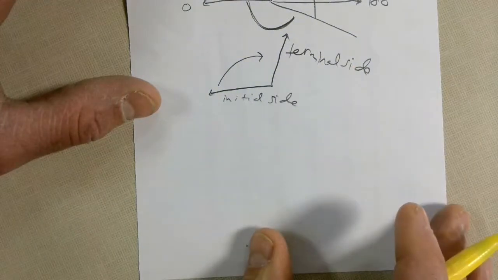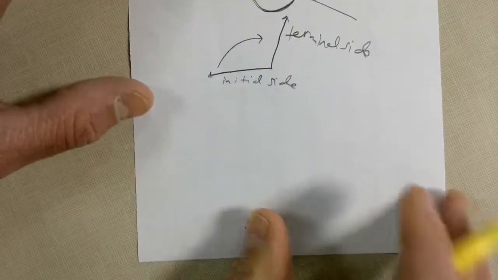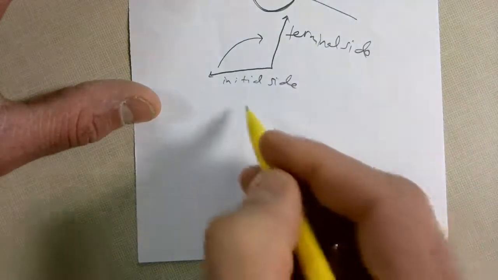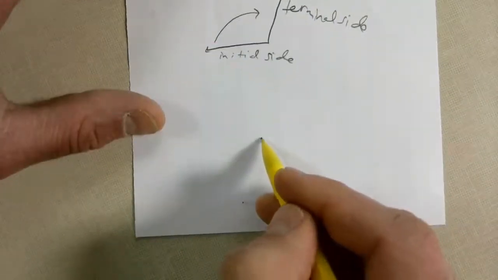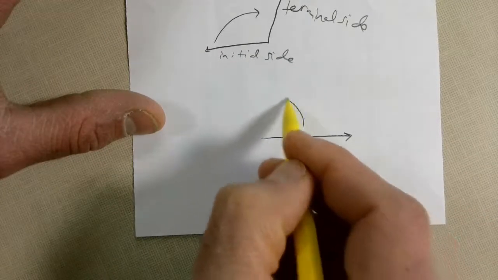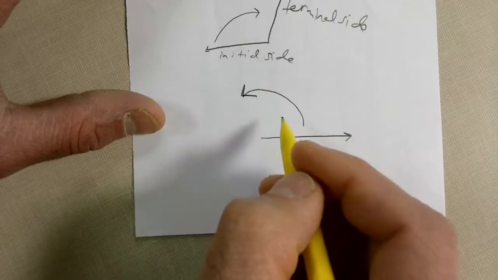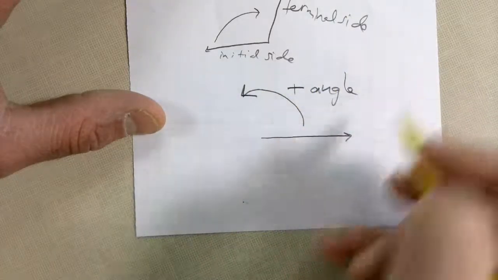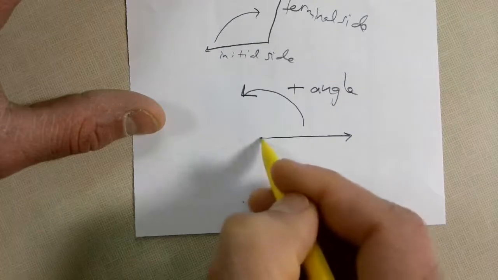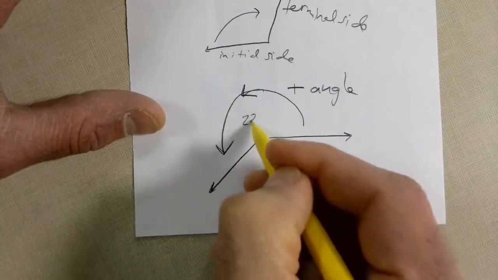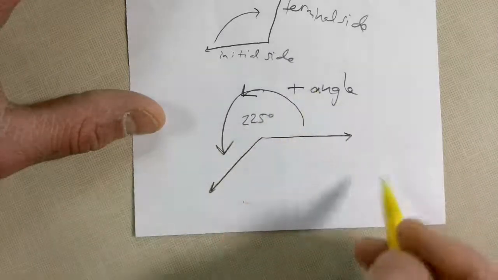Okay? Now, if we rotate counterclockwise, okay, so we're going to pretend like we start with an initial side, like this, and we rotate counterclockwise. We're going to call that a positive angle. For example, suppose I stop right here, and it goes all the way down like this. That would be 225 degrees positive.